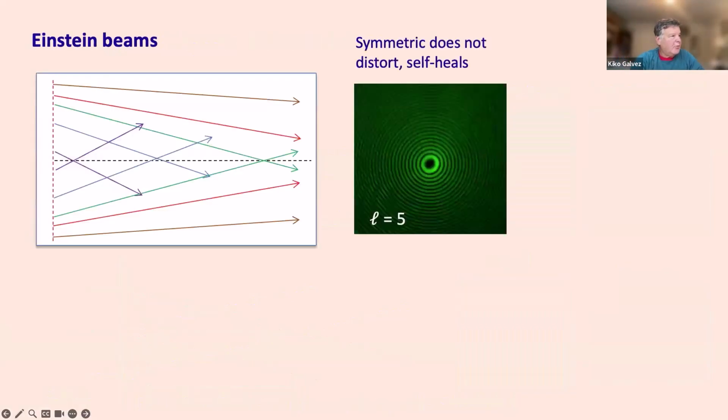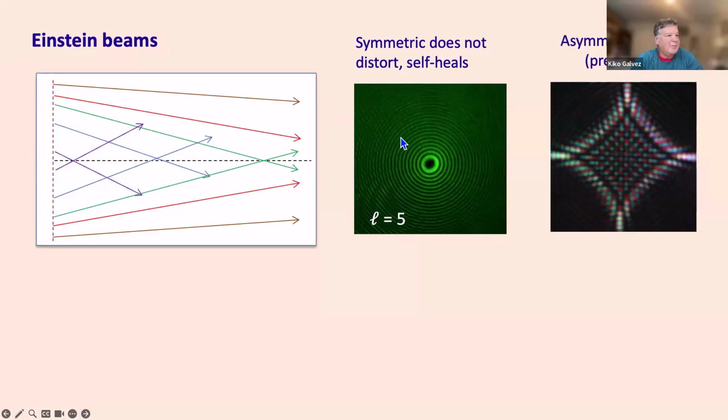What about the beams generated by gravitational lensing? I didn't have a better name to give them, but Einstein beams. What is interesting is that locally they look like a Bessel pattern because they're formed by approximately parallel rays.